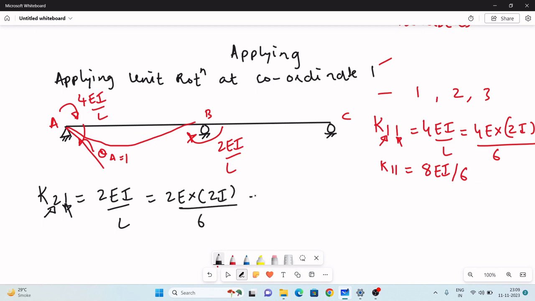L is 6 meter. So 4EI by 6. And you see no moment is developed at coordinate 3. So K31, force required at 3 to produce unit rotation at 1, will be equal to 0.